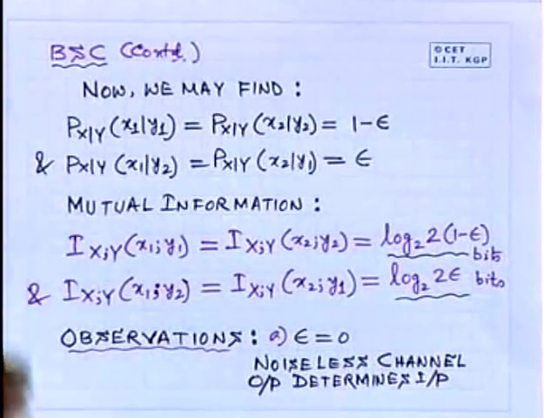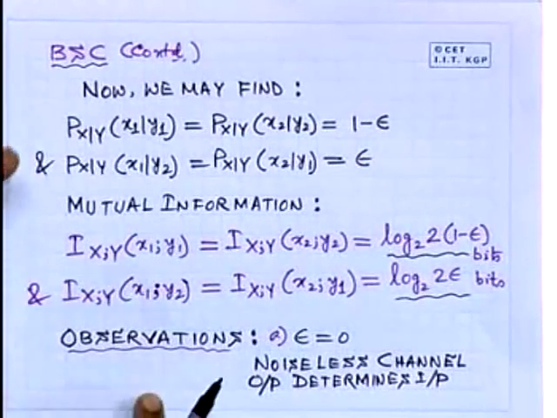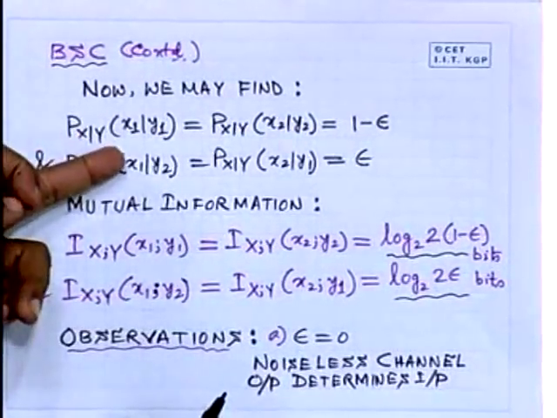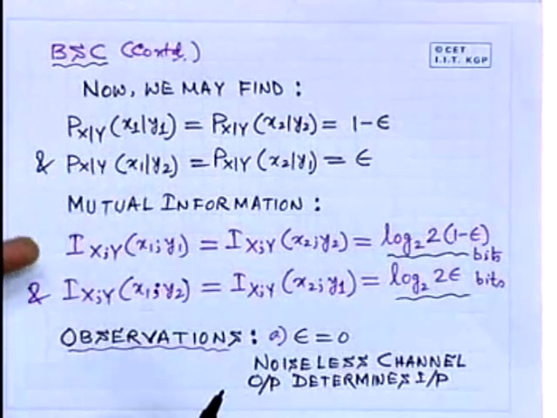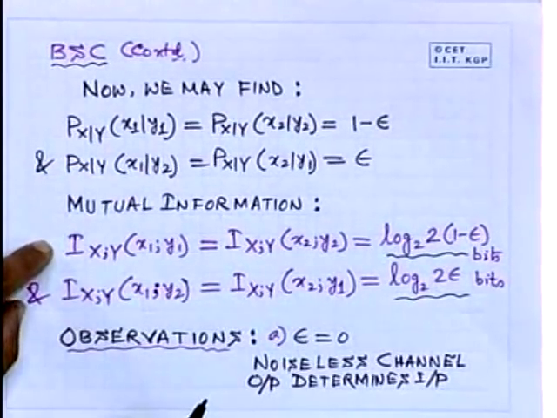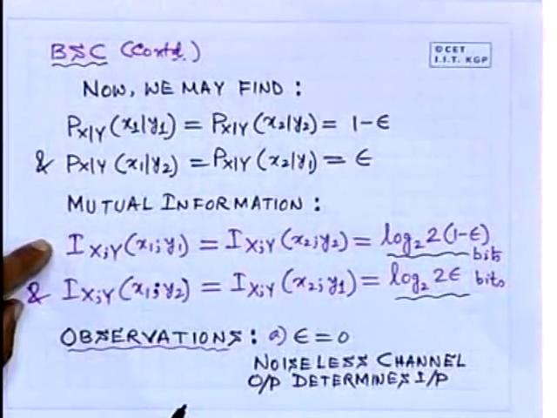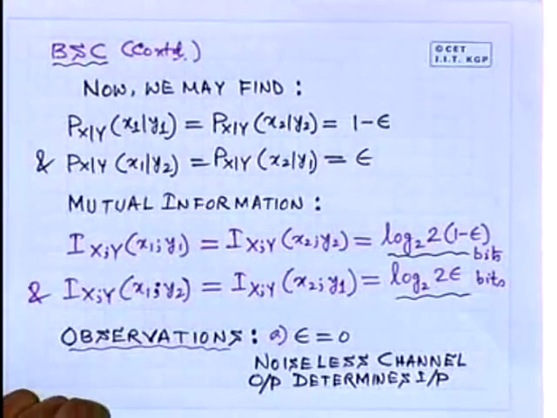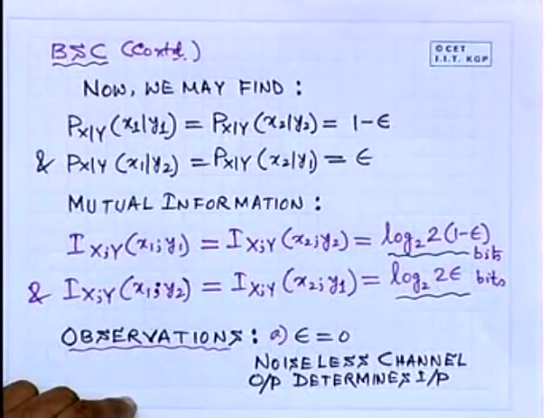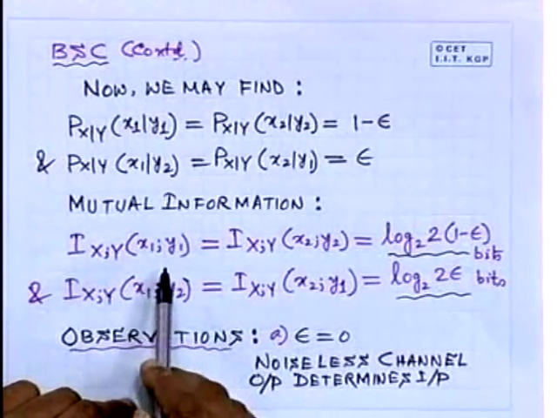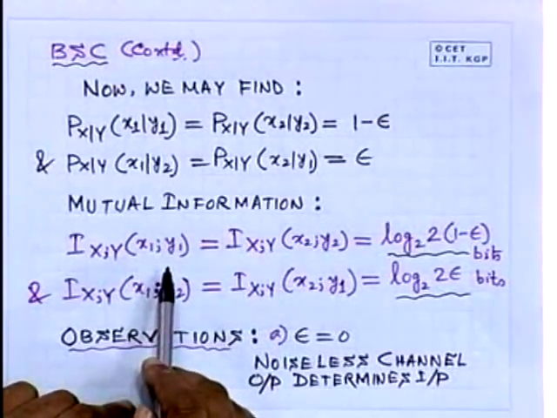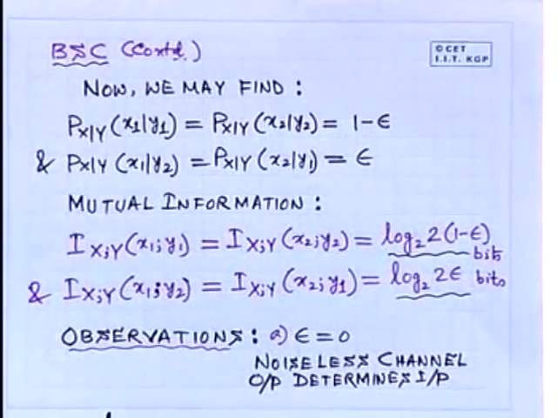I am continuing with the same example. I am also calculating the other kinds of conditional probabilities for you, and then ultimately finding the mutual information between x1 and y1, that is, the information associated with the occurrence of x equal to x1 when I have received y1.